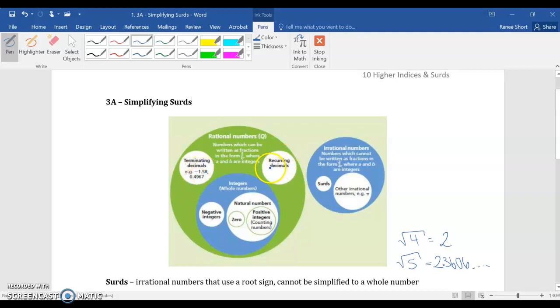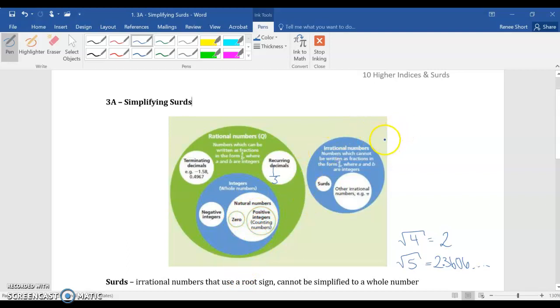We've got recurring decimals, so ones that go on and on and on. So for example, we could have a third written in here because that would be 0.333 recurring. And a subset of rational numbers: we've got our integers, which is our whole numbers. We can have negative integers, or we can have our natural numbers, and that can be 0, and then all our positive integers as well.